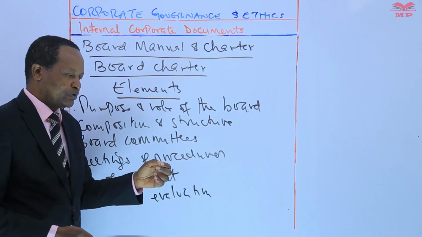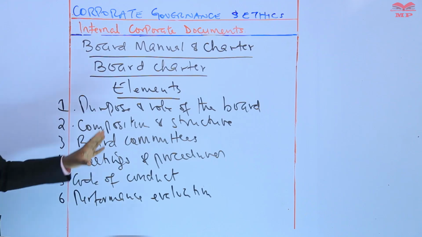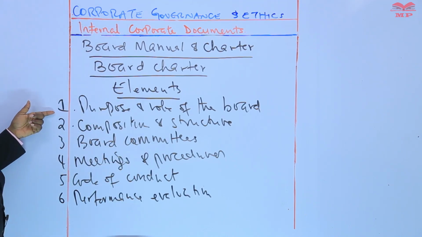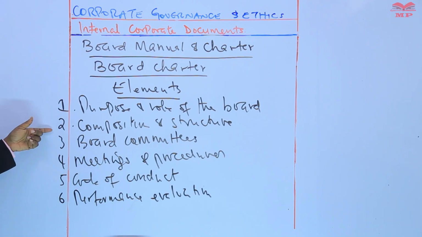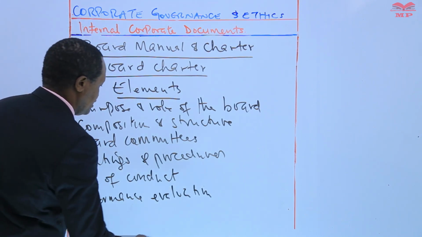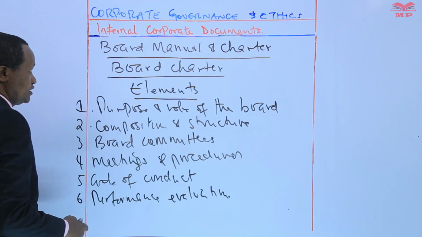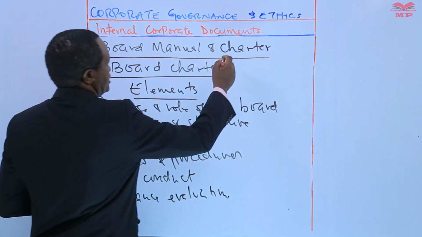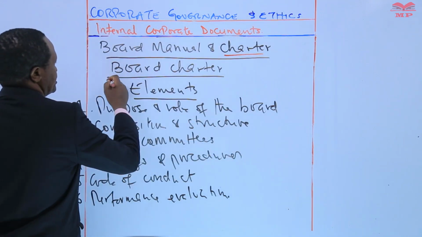So anything to do with the way the board has to operate has to be contained within a board charter, and that includes the purpose and role of the board, number 1. Number 2, the composition of the board. Number 3, the board committees. Number 4, meetings and procedures. 5, the code of conduct, and lastly, the performance evaluation. So that is the board charter.